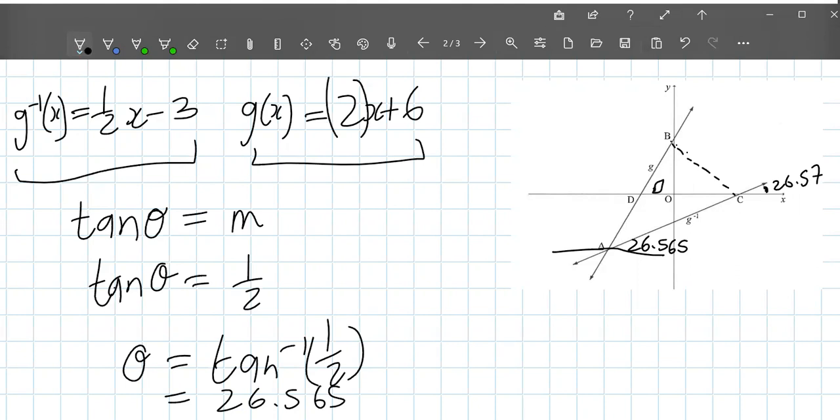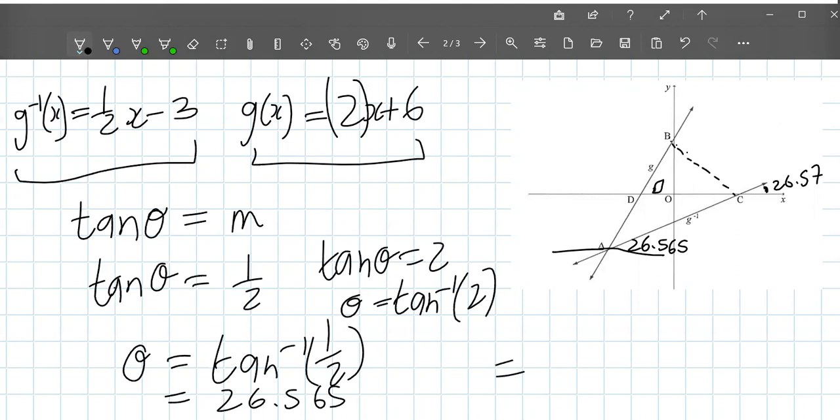Our m is now going to be 2, so tan theta equals 2, and theta equals tan to the minus 1 of 2, which is going to be about 63.43. Just be careful, because this is this whole thing.